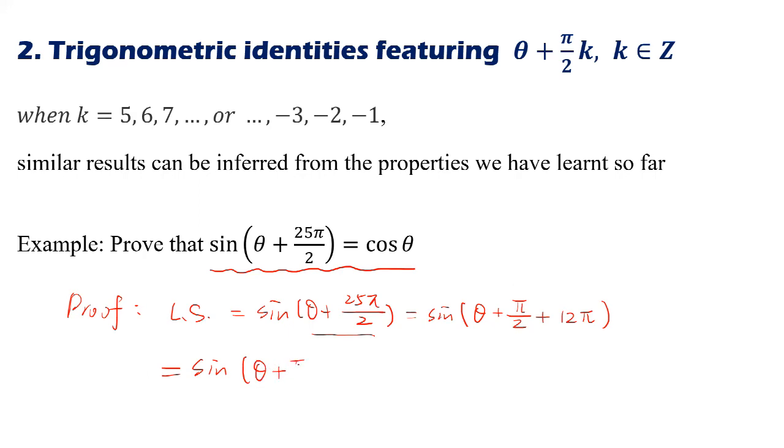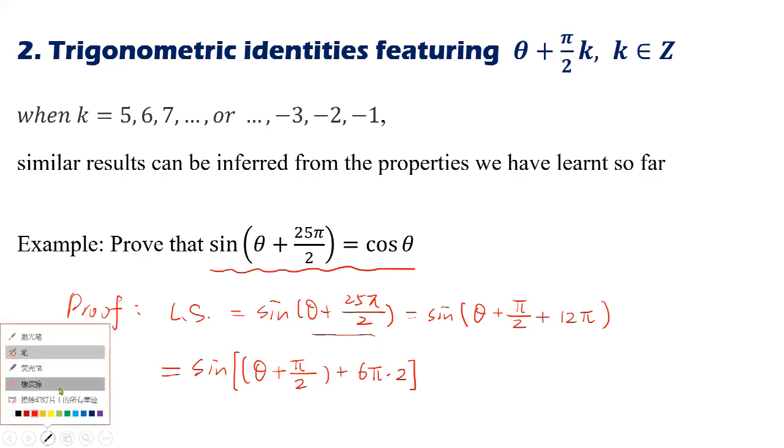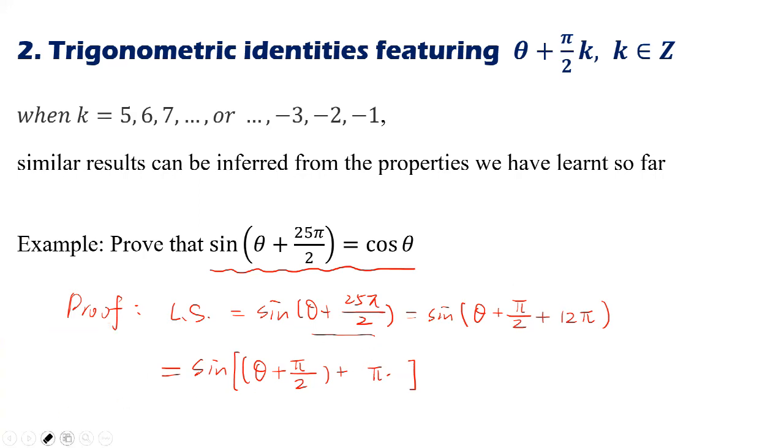So this is actually theta plus half pi and then plus 2 pi multiplied by 6, right? Sorry, not 6 pi, 2 pi multiplied by 6.